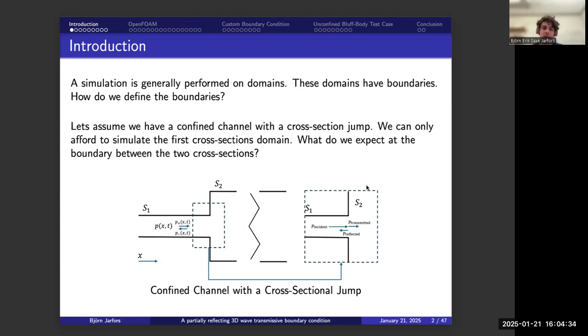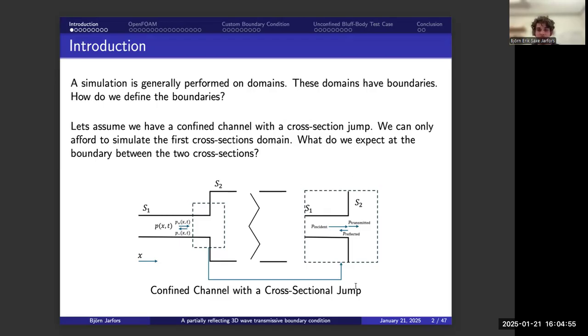And let's assume that we have this confined channel with a cross-sectional jump. And we need to understand what is going to happen in this cross-sectional jump, because if we were to just simulate an entire system, it will just be way too expensive.